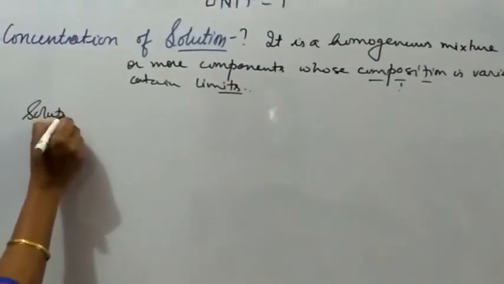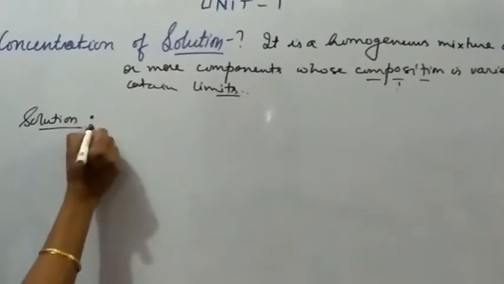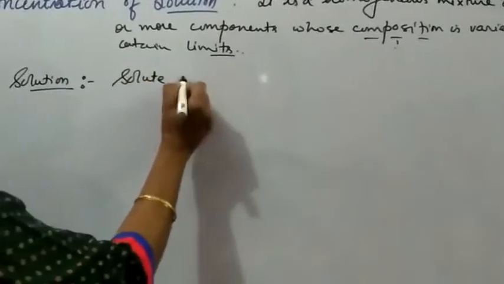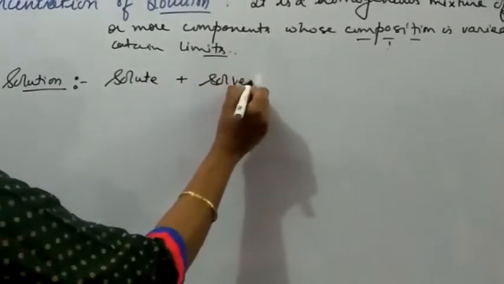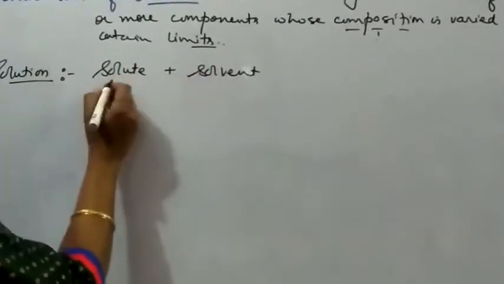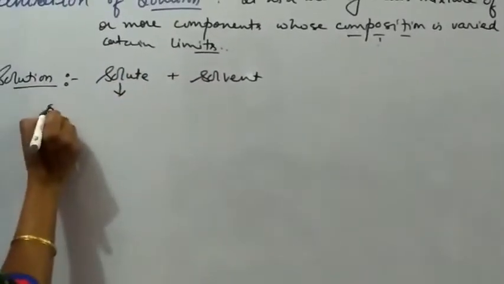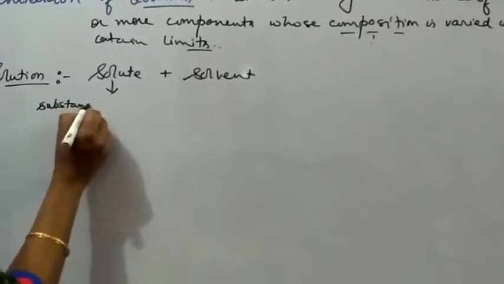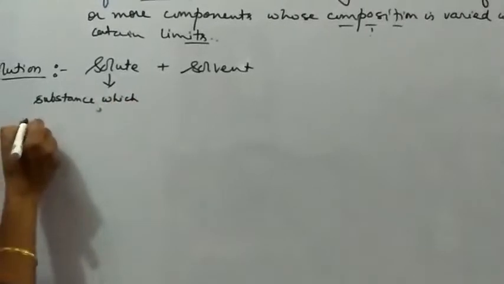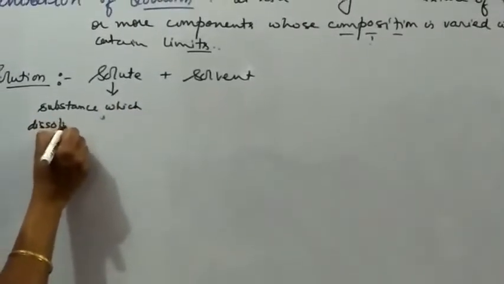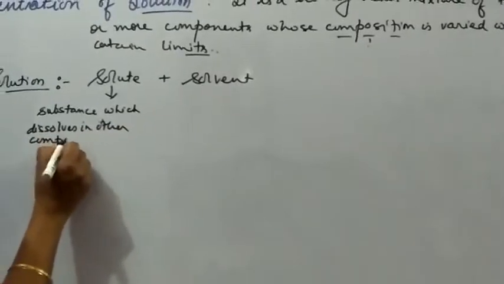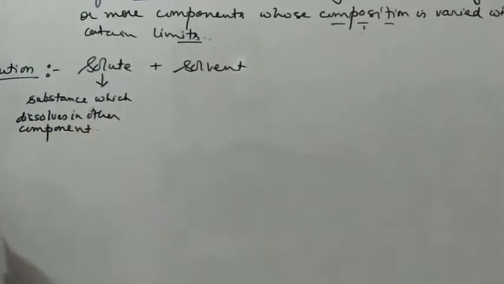Now students, a solution, as you know, consists of two components. One is known as solute and the other is the solvent. So a solution consists of two parts, a solute and a solvent. The solute is a substance or a component which dissolves in another component, right, which is going to get dissolved in the other component.